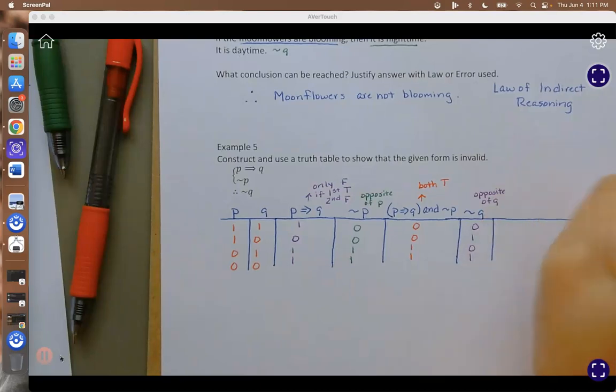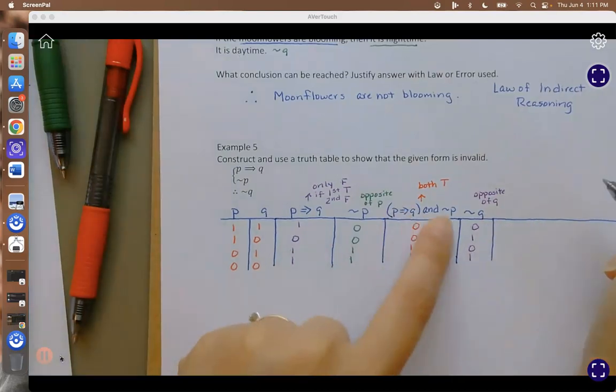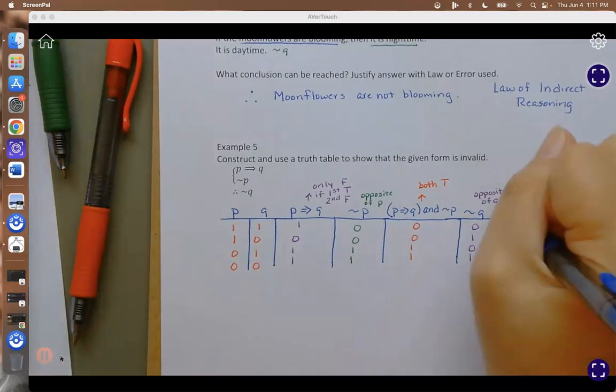So we're going to go that this piece implies this.